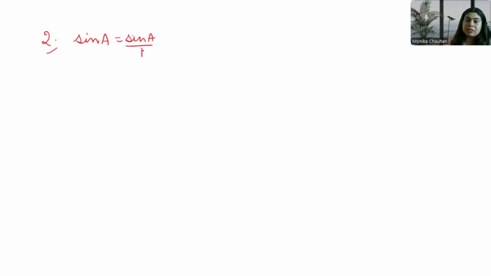Now, how does it help me? I don't see how to make it sec A. So the next step is I have to divide this by cos A. Now, what happened when I divide by cos A?